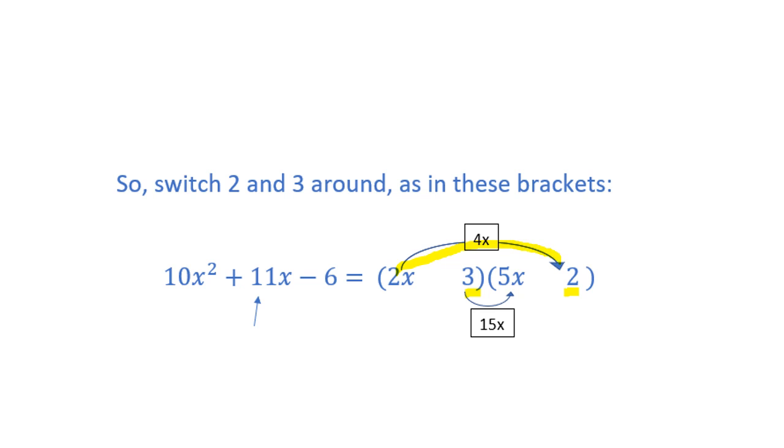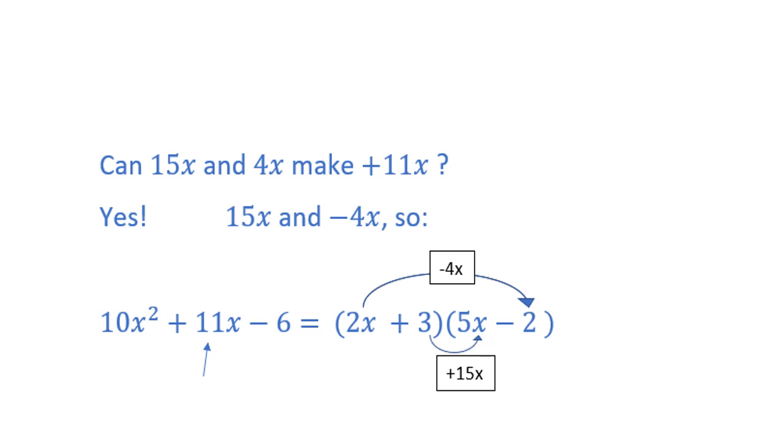The inners give you 15x. This is where the thinking starts. Can 15 and 4 make plus 11? It certainly can, if I've got 15x and minus 4x.